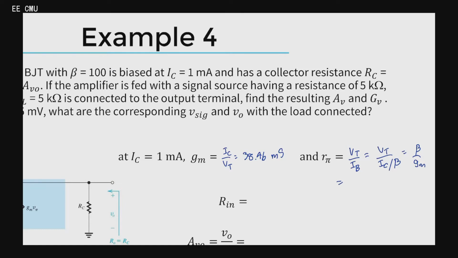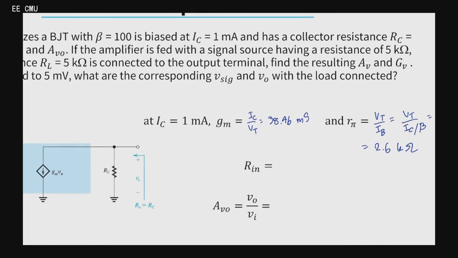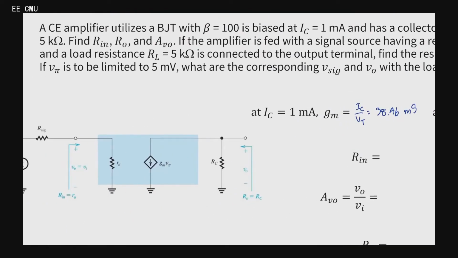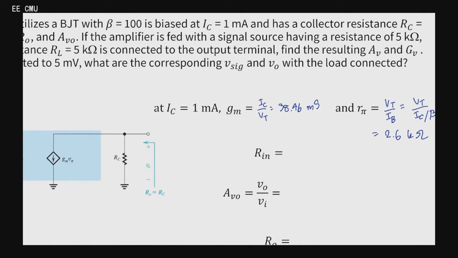When you perform that calculation, it comes out to exactly 2.6 kilo ohms. So, with all of that information laid out, what exactly is the final value of our input resistance in this circuit configuration? See, if you are looking directly into this specific port, you will notice that there is only this port and ground, right? So, effectively, there is only RPI present, which we know equals 2.6 kilo ohms.